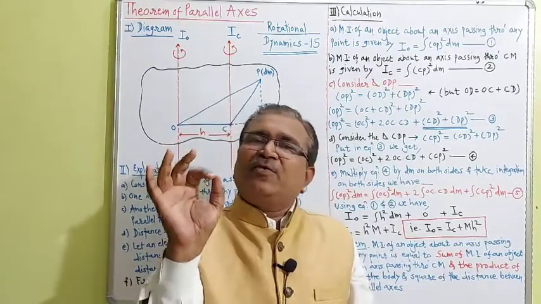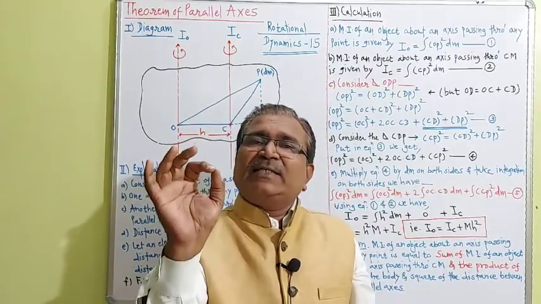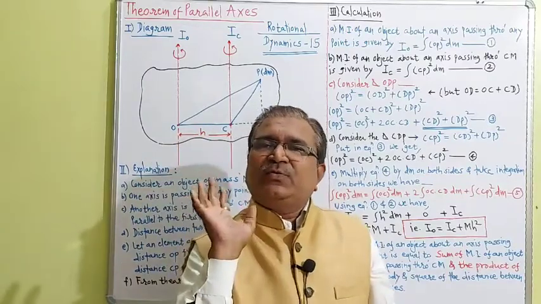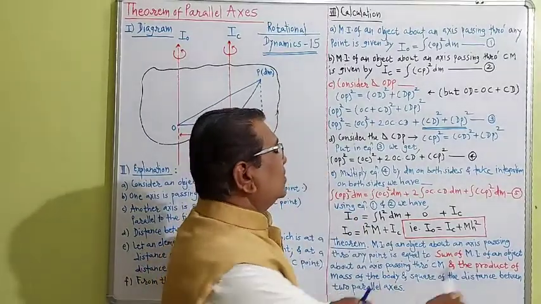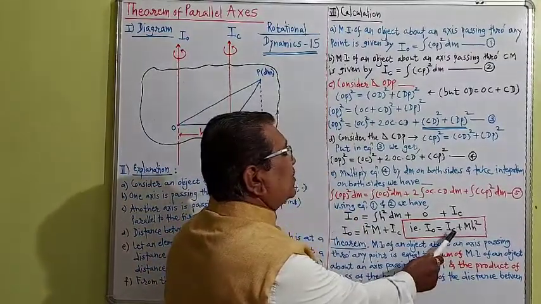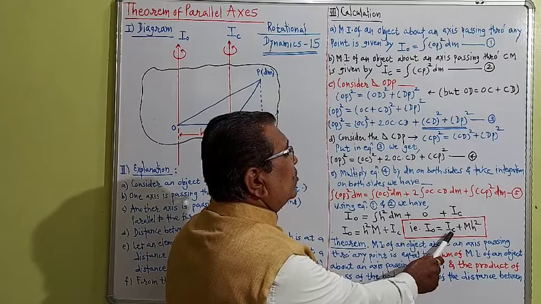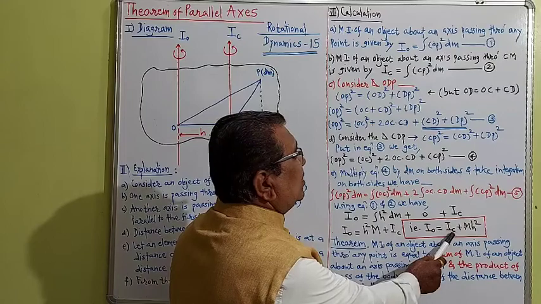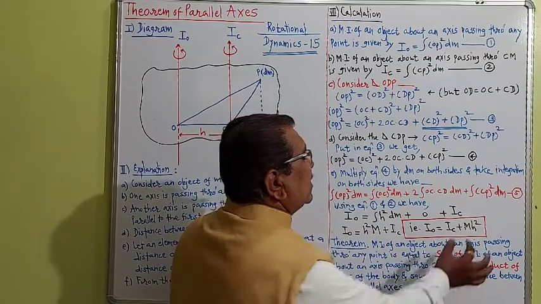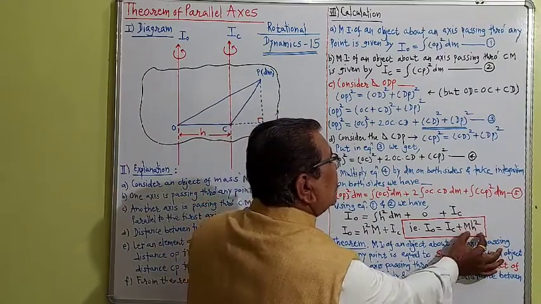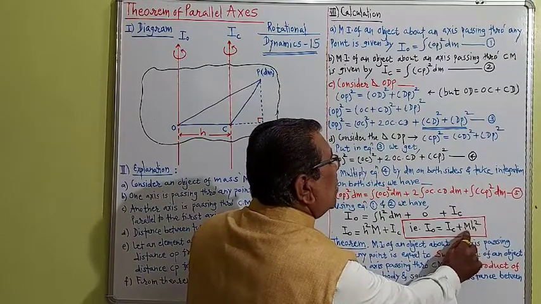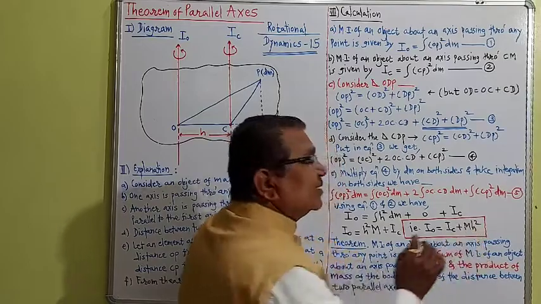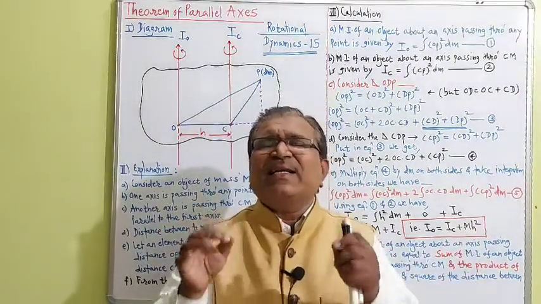Moment of inertia of an object about an axis passing through any point is equal to the sum of the moment of inertia of an object about an axis passing through center of mass, and the product of the mass of an object and the square of the distance between two parallel axes.